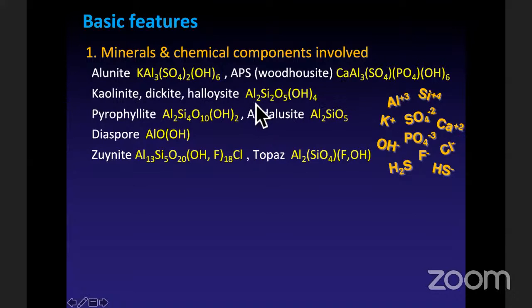Then the typical aluminum silicates, kaolinite, dickite, halloysite, all of them the same formula, forming at different temperatures. Dominantly pyrophyllite, andalusite, diaspore, zunyite. Now we have chlorine, fluorine, and topaz. So all of these are ions, whether cations or anions, that are in solution looking for the mineral that will be in equilibrium in these conditions.